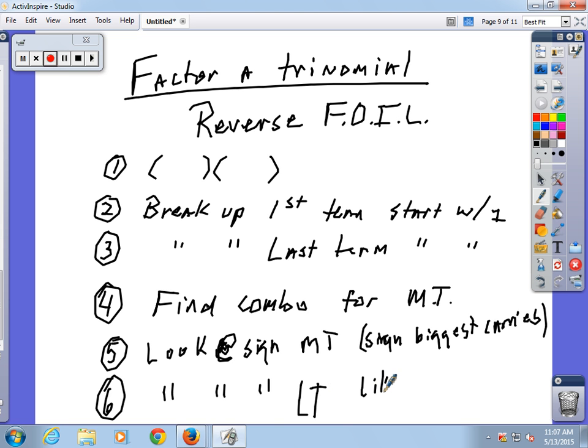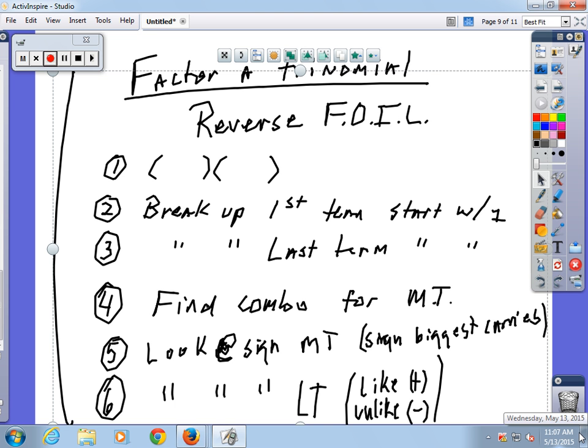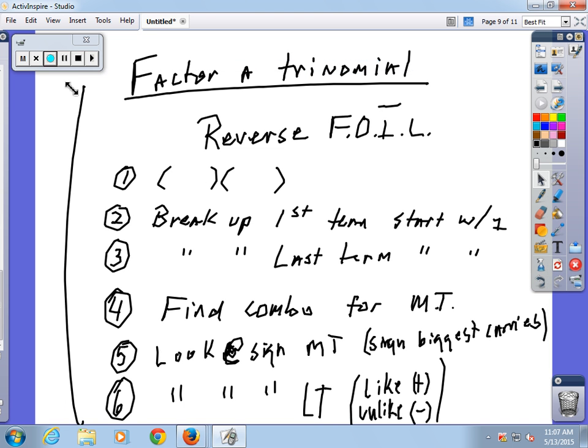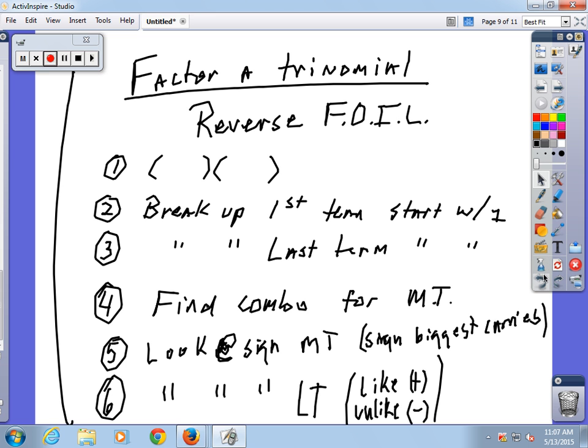Like is positive, unlike is what? And you got to remember that from the FOIL on there.